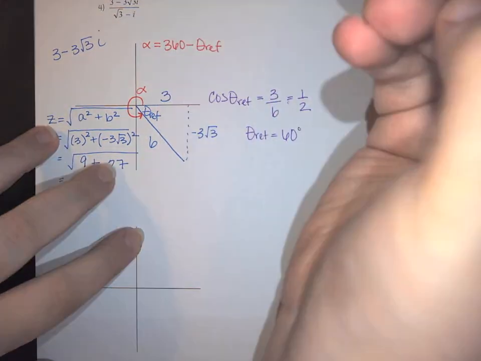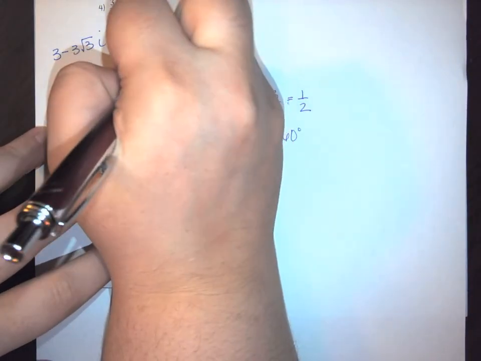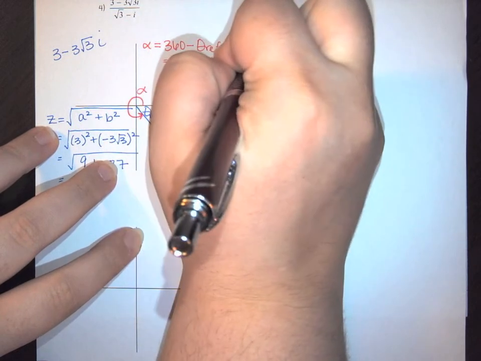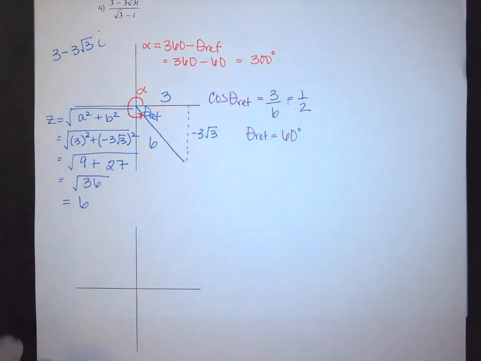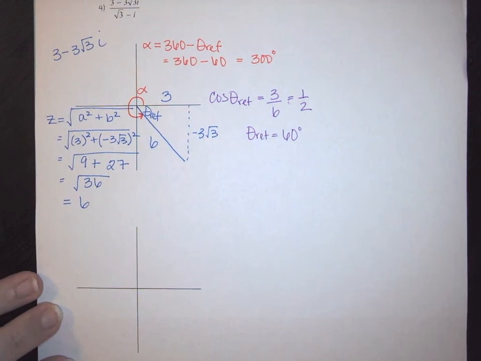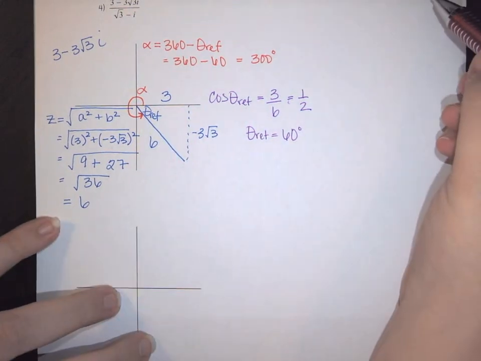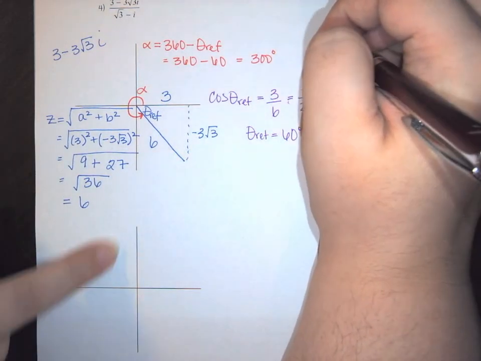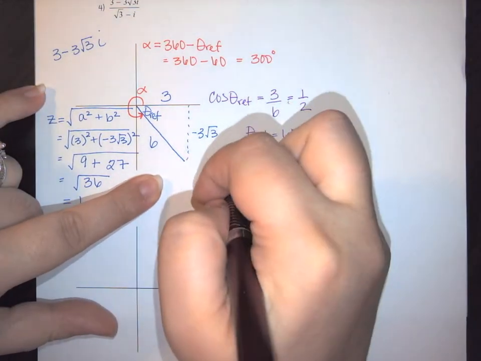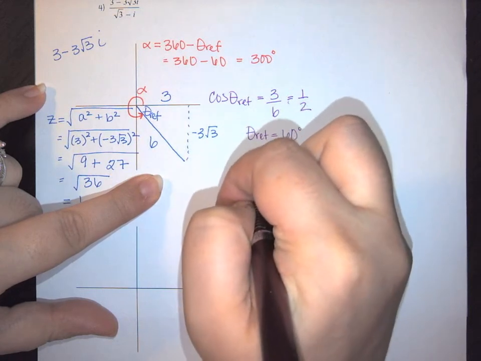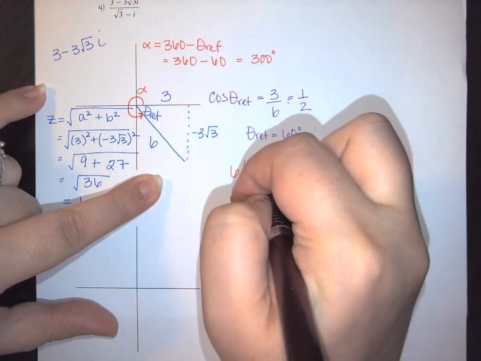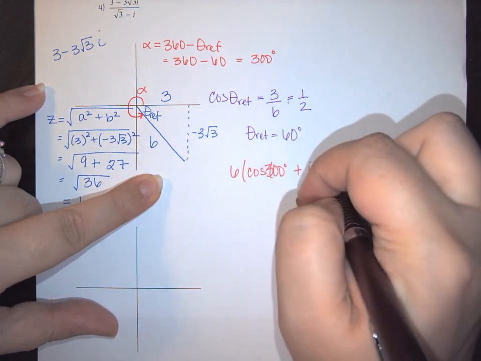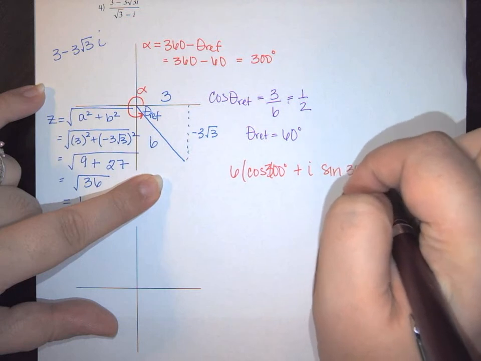Therefore, to find my alpha angle, I do 360 minus my 60, which gives me 300 degrees for my angle. Putting that all together, I have z, which is 6. So this is going to be 6 times the cosine of 300 degrees plus i sine of 300 degrees.